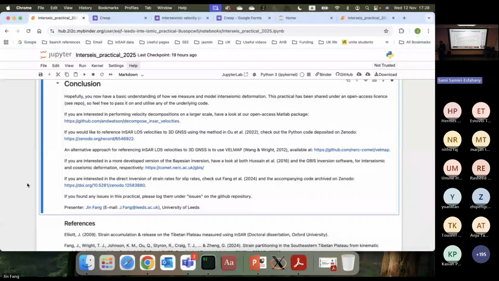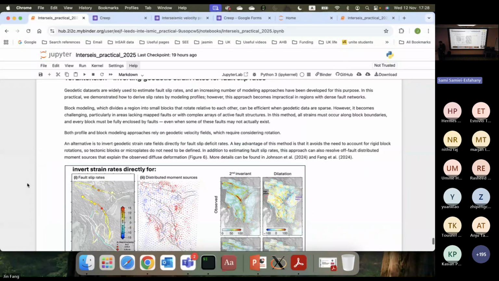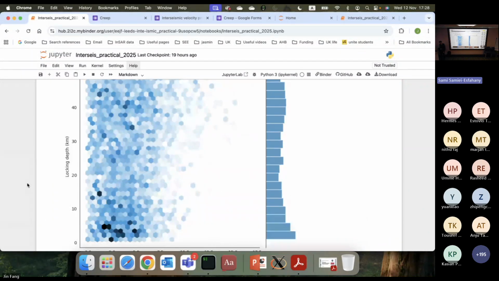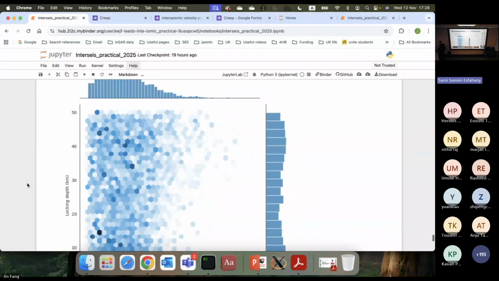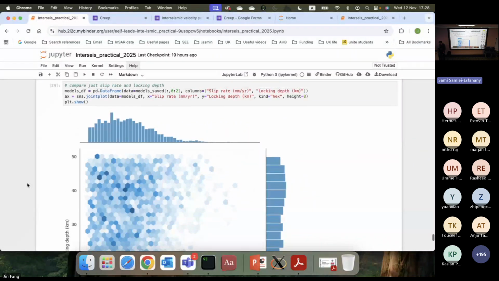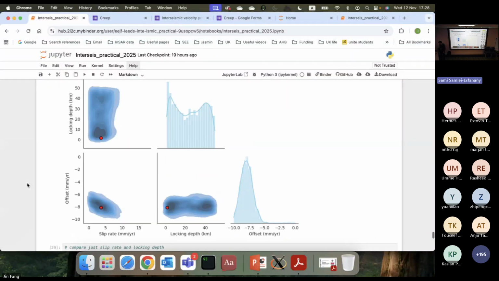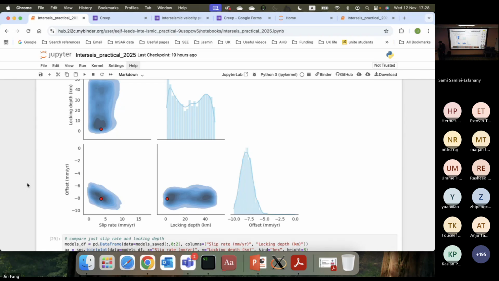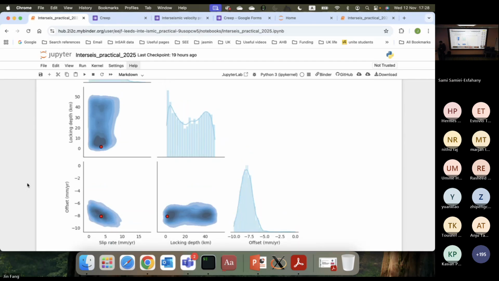A question about the Bayesian inversion you just showed. Why do you get a distribution of locking depth that is either shallow or deep, and how can you decide which one to take? Yeah, that's a good question. Very often we get a poor estimate for locking depth.